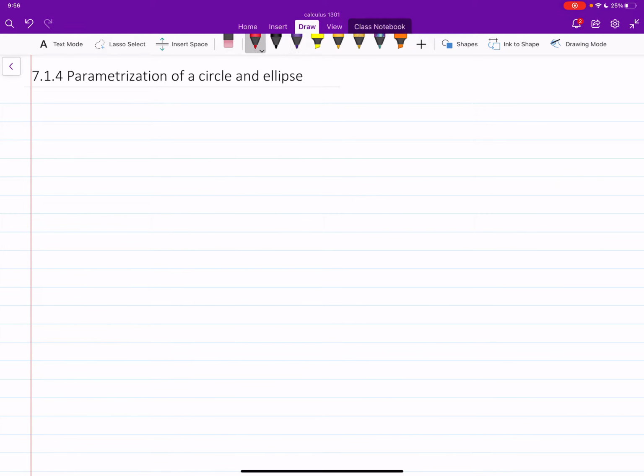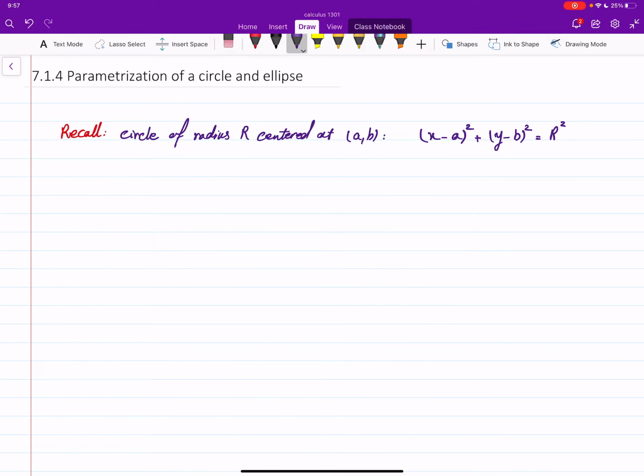Well, let us just recall that a circle of radius r centered at the point (a, b), the equation for this in Cartesian coordinates is (x minus a) squared plus (y minus b) squared equals r squared.